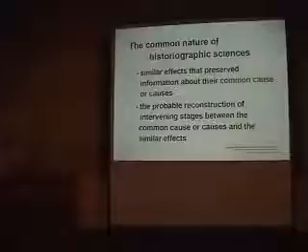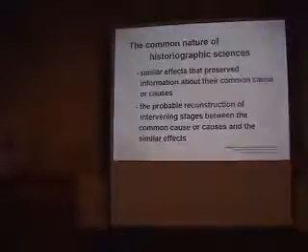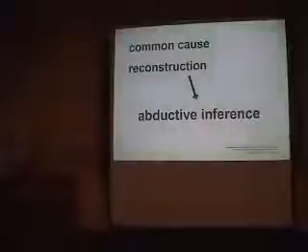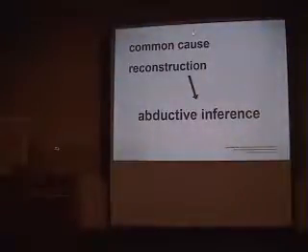One is common cause. Next is reconstruction. So here, we have reached the next stage of our research, because these two keywords, common cause and reconstruction, lead to abductive inference. This abductive inference is a very important point to understand the basic nature of historiographic science.